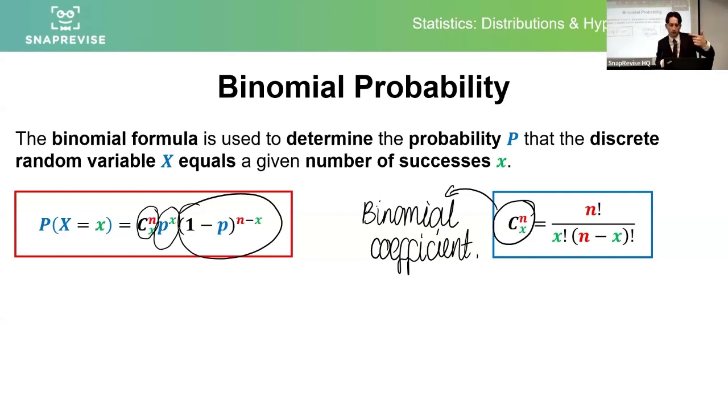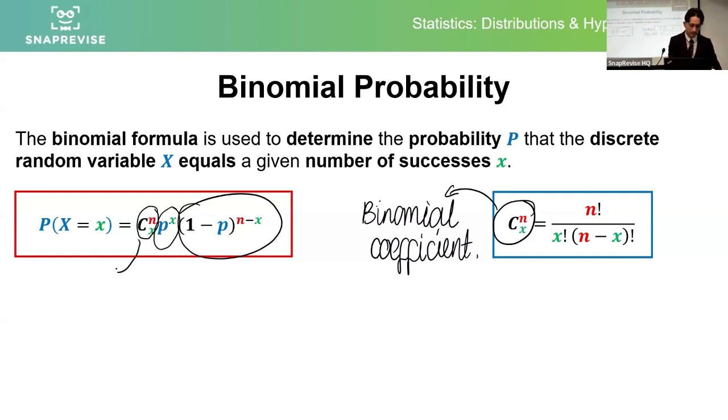So you multiply the probability of success to the power of how many wins, by the probability of failure to the power of how many fails there are. And because there are so many different combinations, we multiply by n choose x. That binomial coefficient tells us how many ways there are of arranging it.